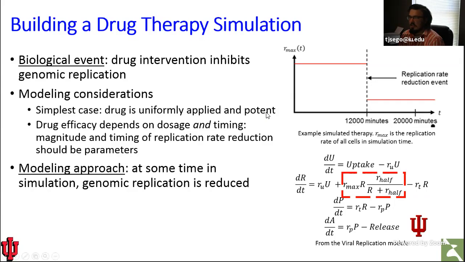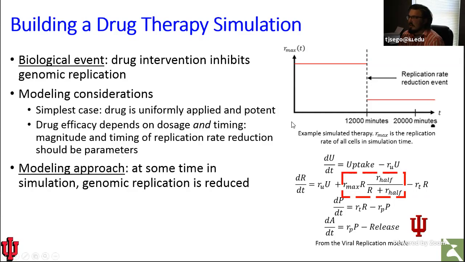When simulating drug therapy, two particular elements of interest would be both the dosage and the timing. And so what we'll say is that our two model inputs for this particular simulation will be representing the strength of the dosage as well as the time in which it's applied.